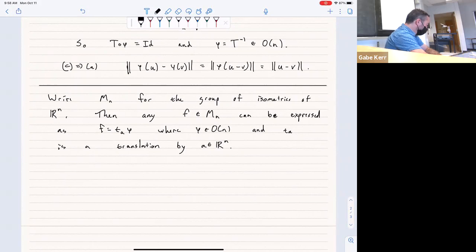So in particular, the reason for this is the following. Look at T of negative f of 0.